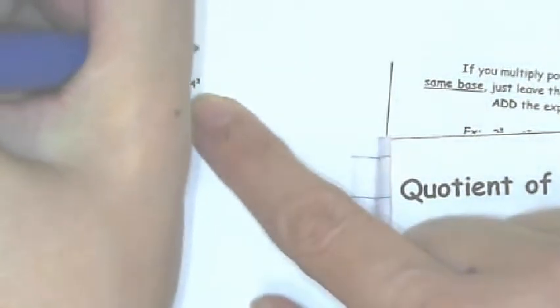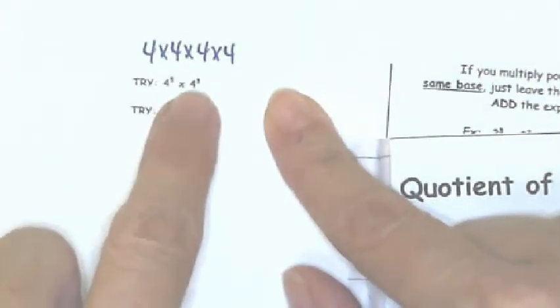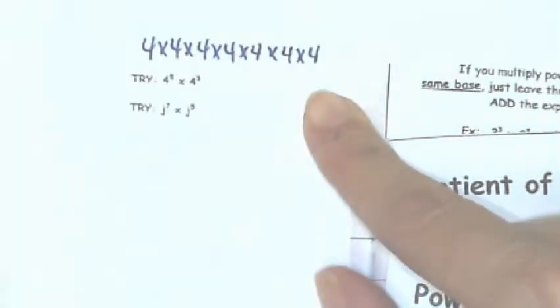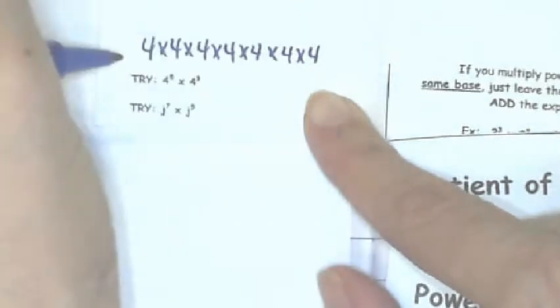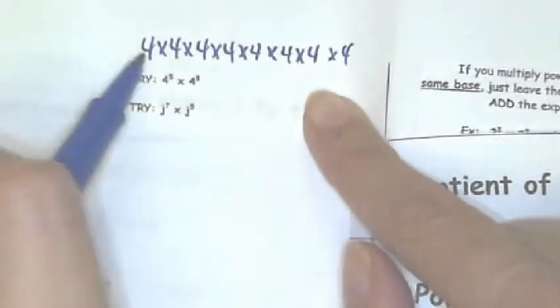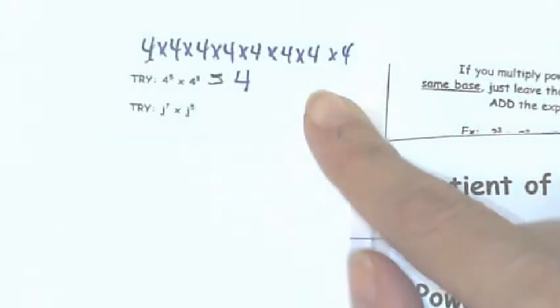If I rewrite that 5 times, and then I write 4 three more times, as you can see, how many 4's do I have? I have 1, 2, 3, 4, 5, 6, 7, 8 4's. So I would write this as 4 to the 8th.